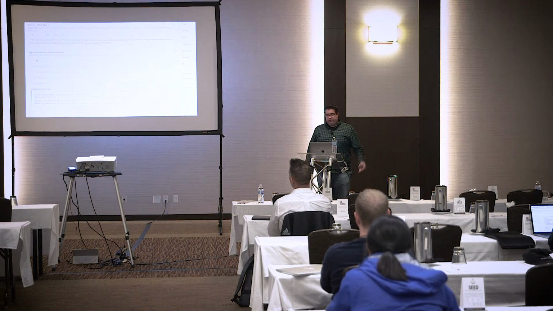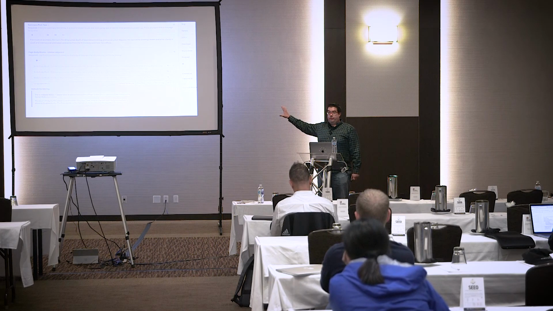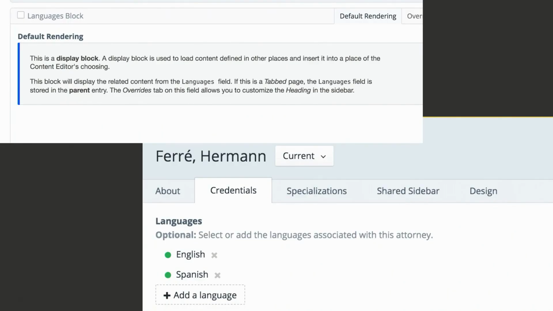But if they wanted to embed something like what languages this attorney speaks, which is pulling from those structured fields we had already set up, we're able to drop in a matrix block here that automatically fetches that data. So we don't have to make the content editor do any extra work. It's pulling from the field we already structured, but they still get that flexibility of saying, all right, we want to highlight this piece of content, let's stick it here. And there's the two different entries. One's more of a visual injection point, whereas the other is the actual structured data.